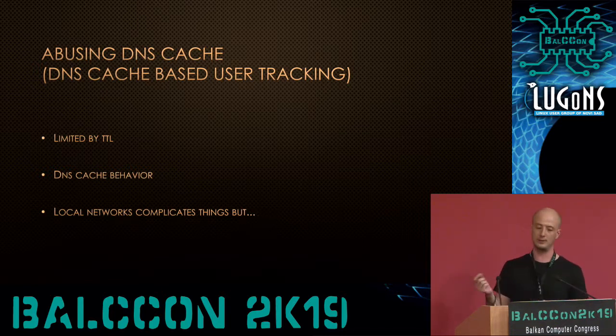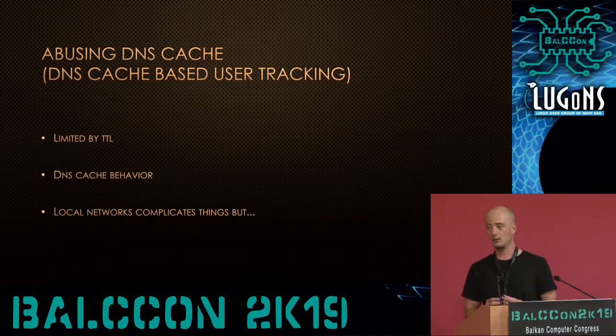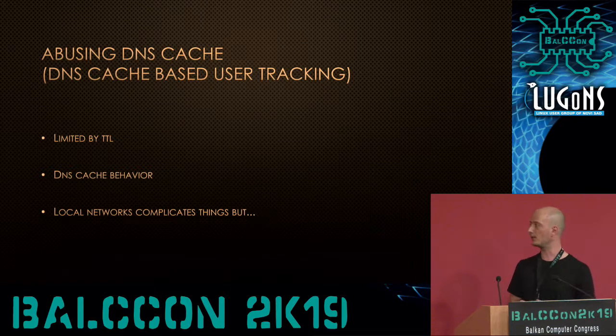You need to combine it with other methods, and that's usually what tracking companies are doing. Local networks, because we are all behind NAT, usually complicate things, but despite that, you can pinpoint different people on the same network and uniquely identify them.